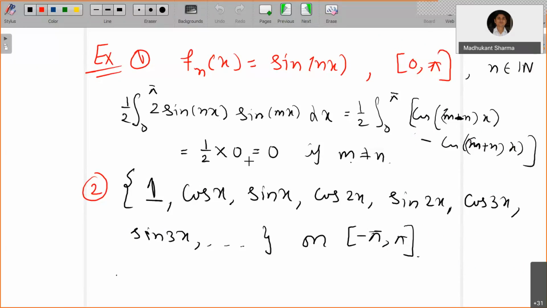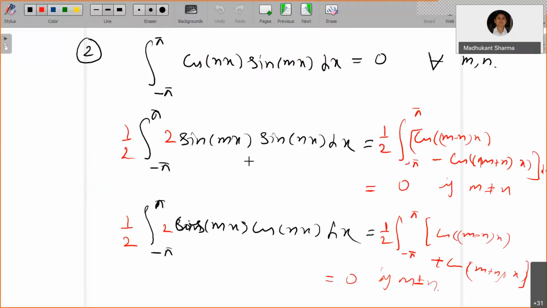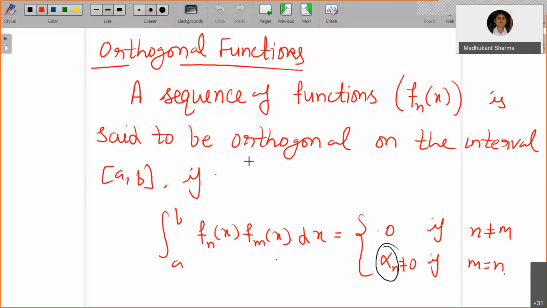Okay, so that we are going to learn maybe in tomorrow morning's lecture. Okay, right. Now, this is a very particular definition of the orthogonality condition. Now if alpha n is equal to 1, with everything else the same, the sequence is orthogonal, and for m equals n this integral value is 1.